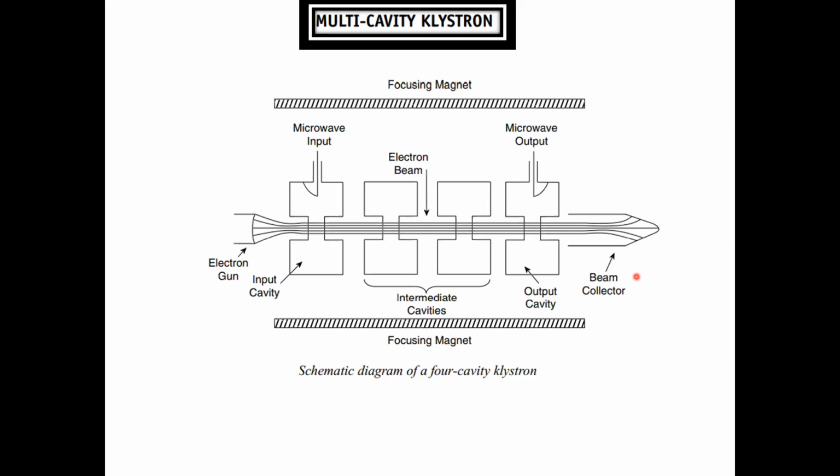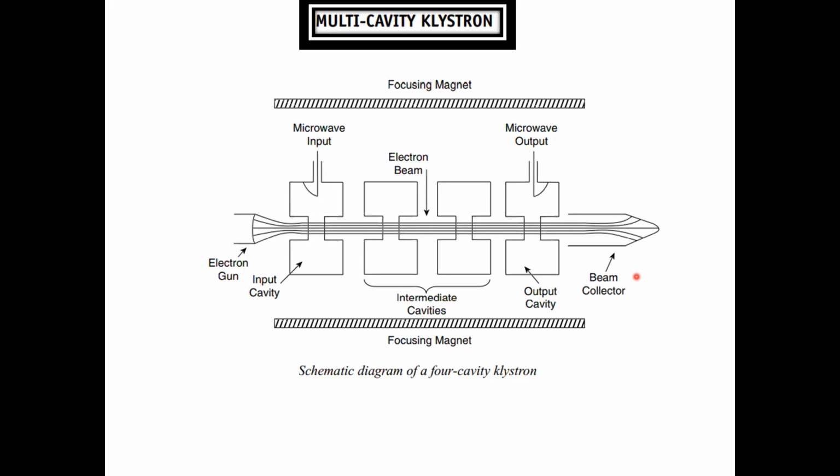So in this 4-cavity klystron, we have intermediate cavities placed between the microwave input cavity and output cavity. Observe the difference between the previous 2-cavity klystron and this multi-cavity klystron, which is the placement of multiple cavities between the input cavity and output cavity. So a rough diagram can represent the multi-cavity klystron.